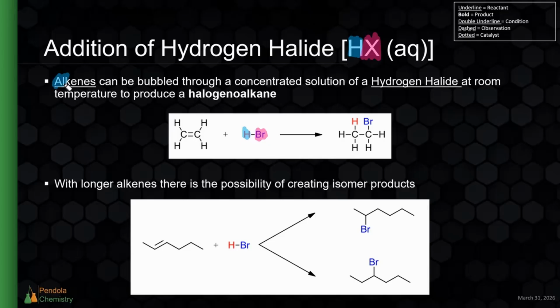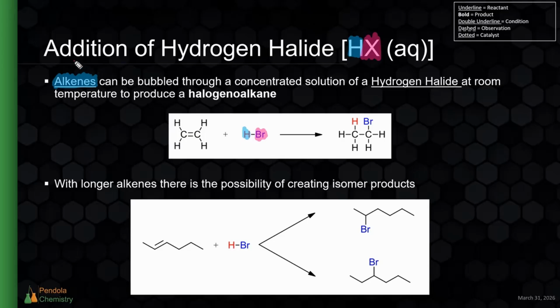Again, one of our reactants is going to be an alkene, which makes sense considering we're studying the reactions of alkenes. That alkene is usually going to be in the gas form. Most alkenes are either liquids or gases.